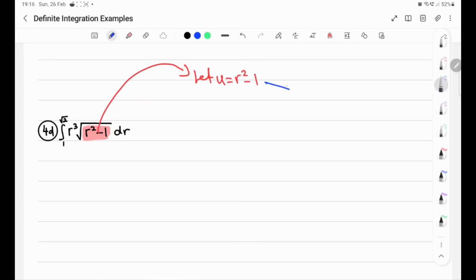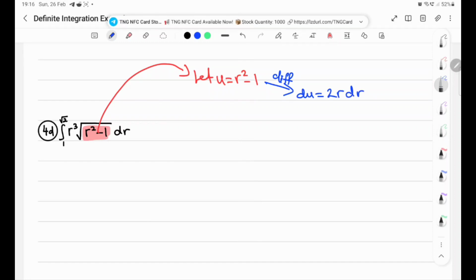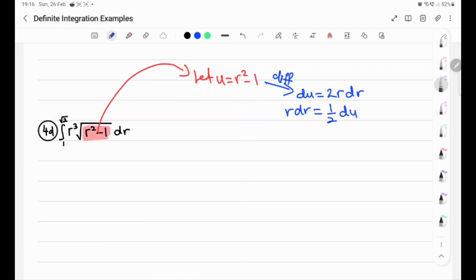Then let's differentiate them. du equals 2r dr. Then r dr is 1 over 2 du.